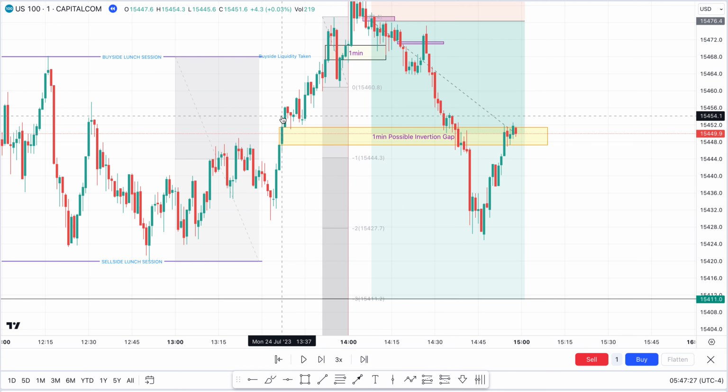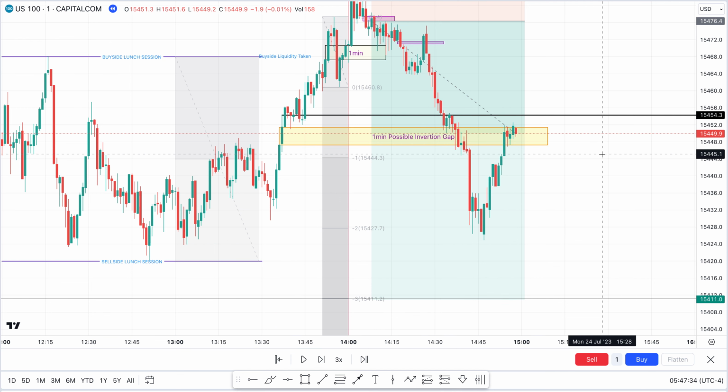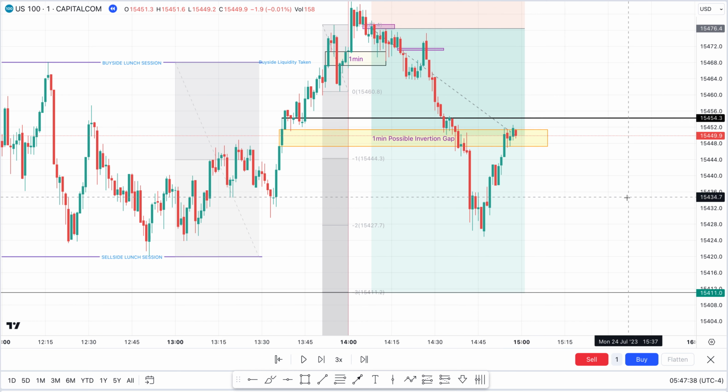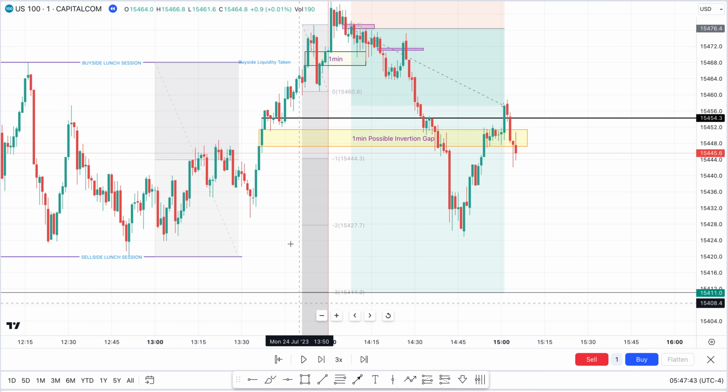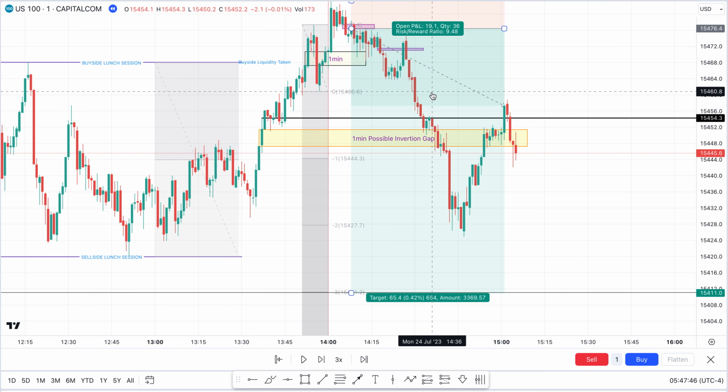And I'm looking at this high, and I want to see this high stay intact. High right here. So I'm looking for price not to cross the black line. Oh, crossed, but it's okay because there's a fair value gap right above that.